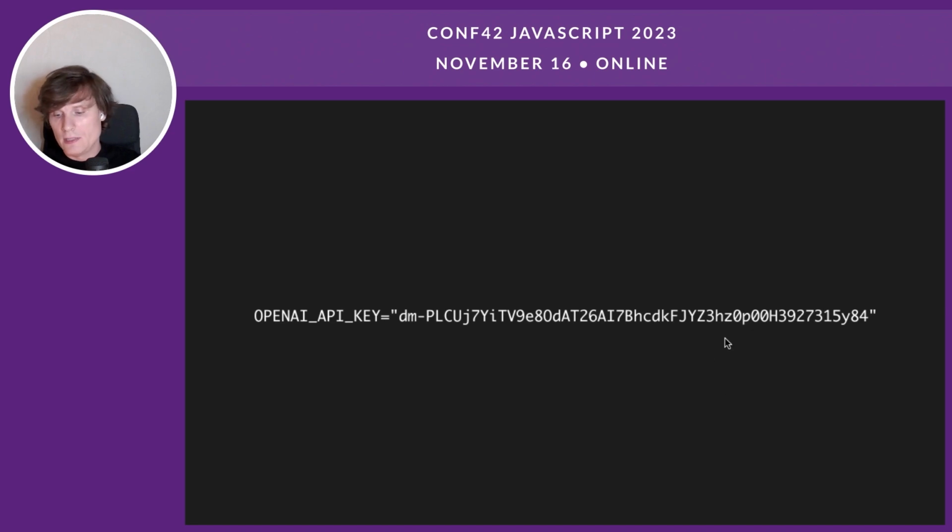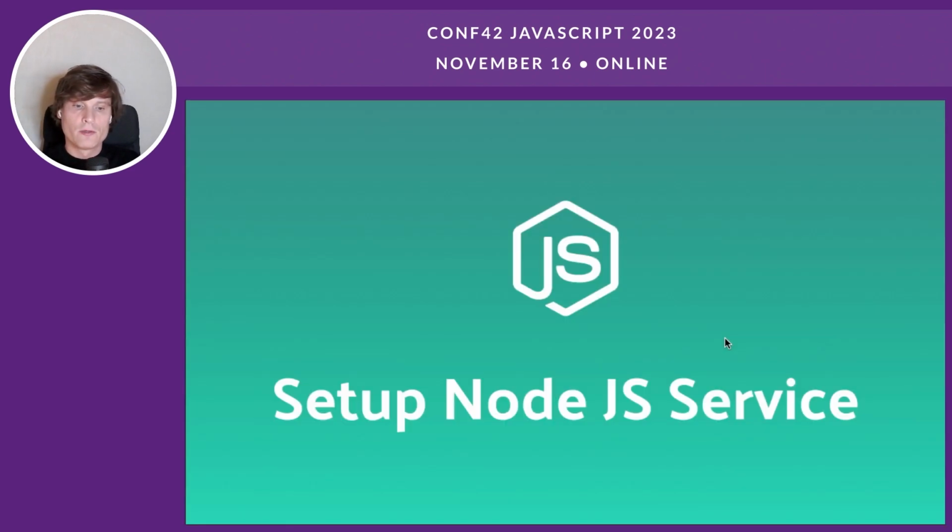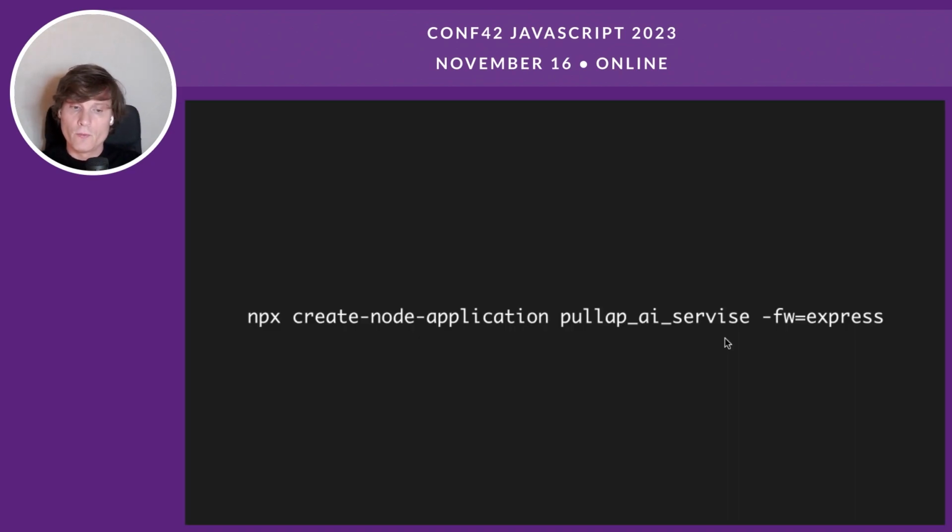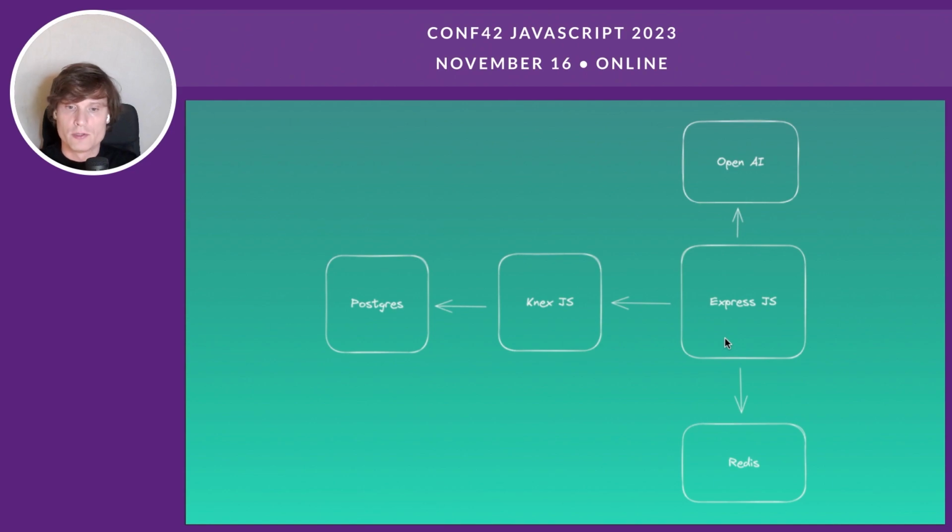So in this case, we're going to dive into setting up the Node.js service itself, and for that, in my case, I'm just using create Node.js application, and I'm going to use the framework Express. It will generate for me the necessary files to build my Node.js service.